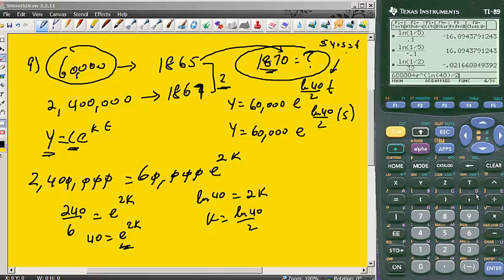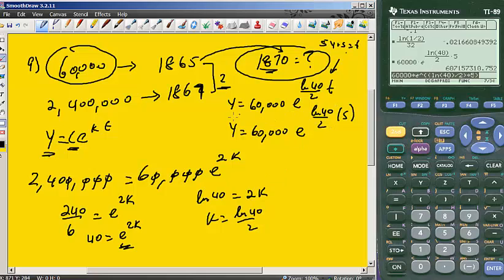Then I need another set of parentheses, and I need to multiply that by 5, and then close my final parentheses. All right, here it is. If you look up there, it's written just the way I wrote this.